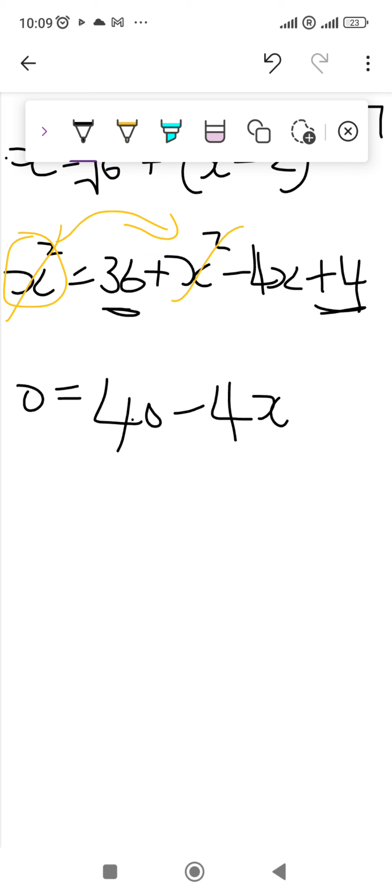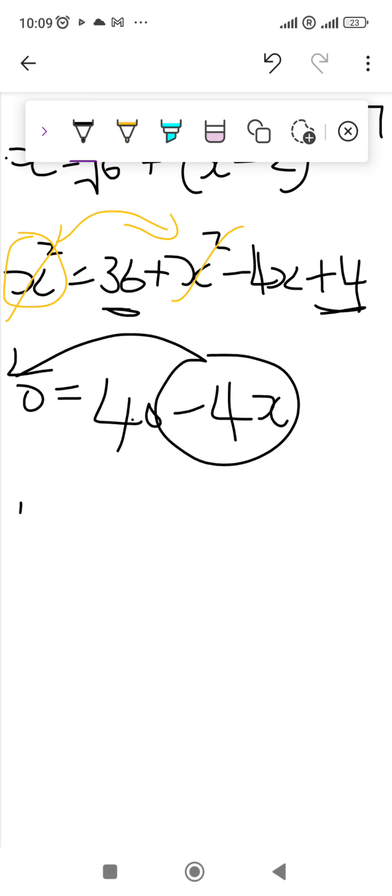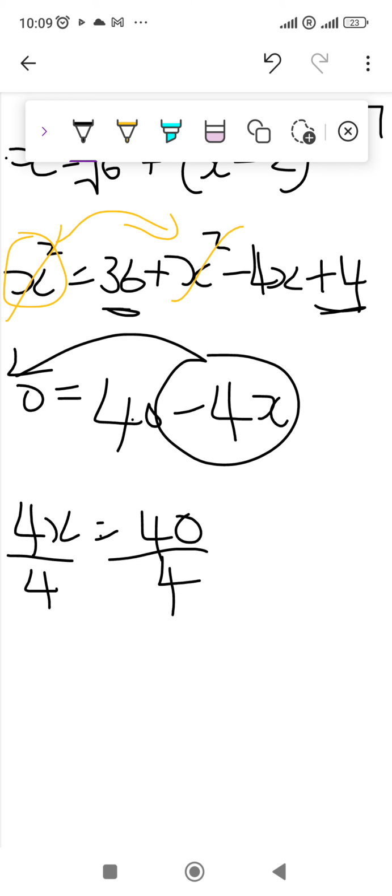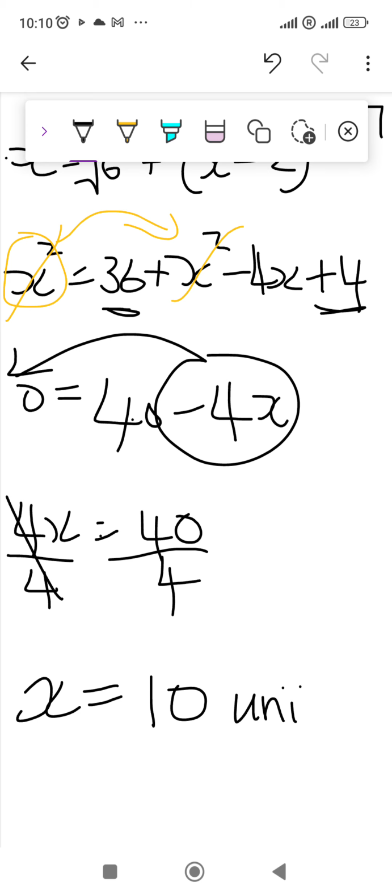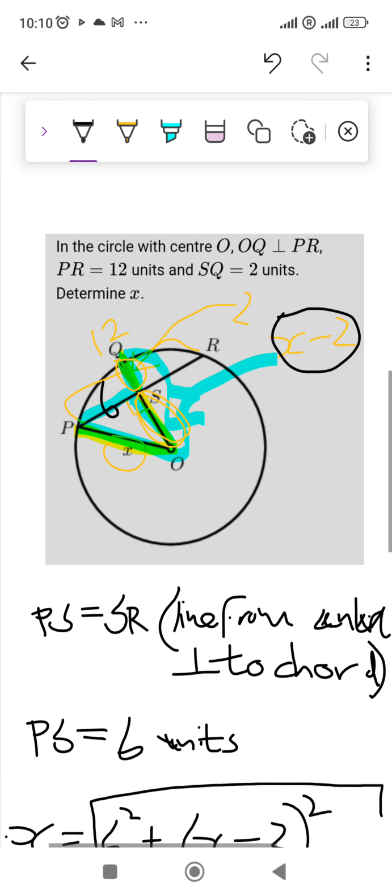Great, so now we only have an x to the power of 1, meaning we're going to put all of the x's on one side, constants on the other. So 4x is going to equal 40. Divide both sides by 4 to get rid of that. Great, and x is equal to 10. Great, that was easy enough. Let's say units, not too important, but we know we're dealing with the length of something, so units. Okay, and that was that.